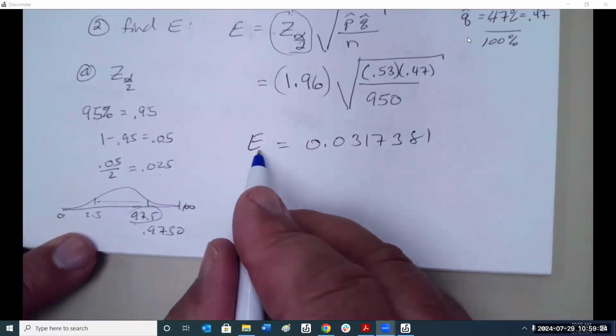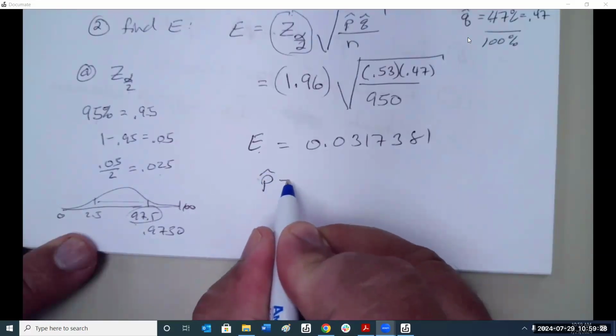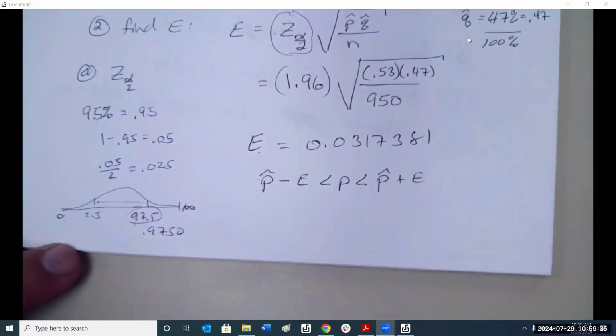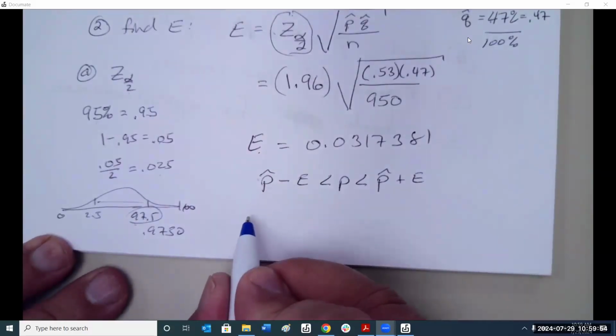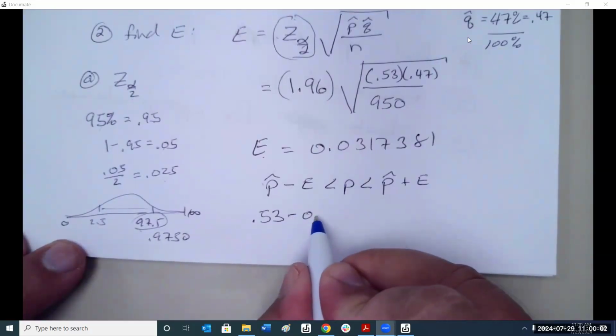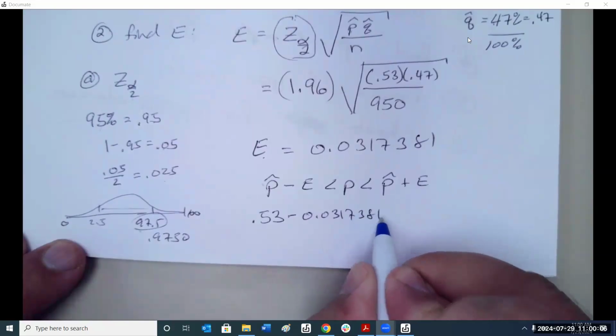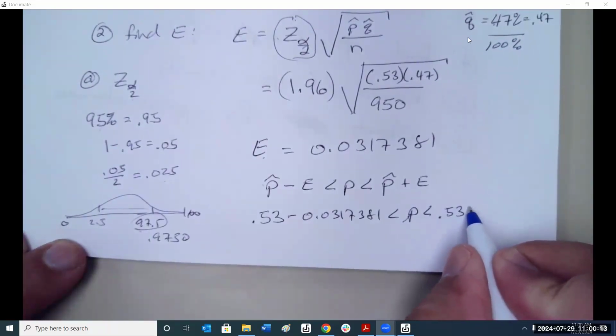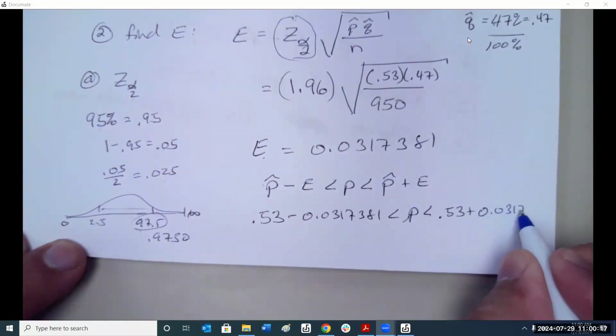So what I have to do here is take my P hat minus E and my P hat plus E. So what's P hat? 0.53, that's our success, minus our number 0.0317381 is less than P is less than 0.53 plus 0.0317381.